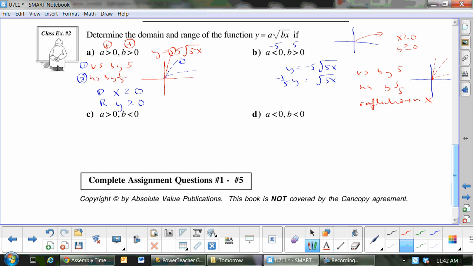And then if I do a reflection in the x-axis, I would get something that looked kind of like this. Right? That's my final. So by looking at that, domain, greater or equal to 0, range, y is less than or equal to 0.